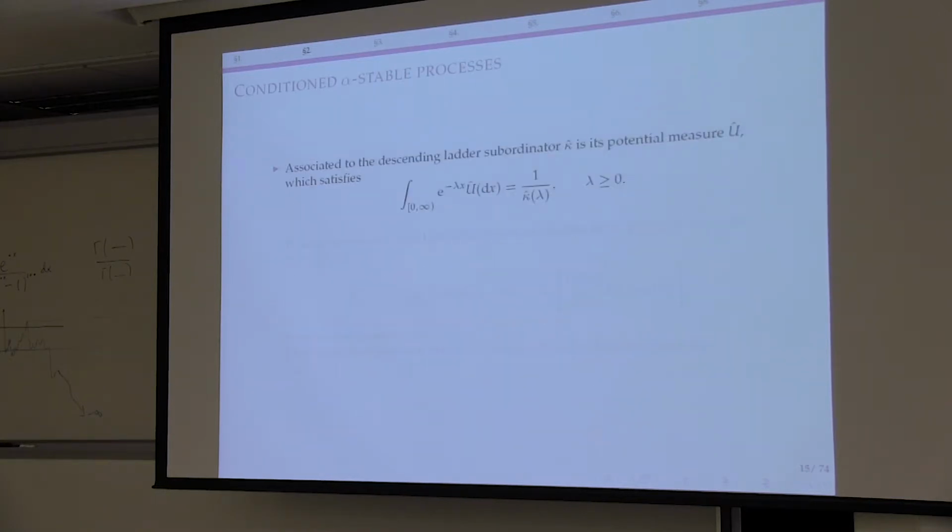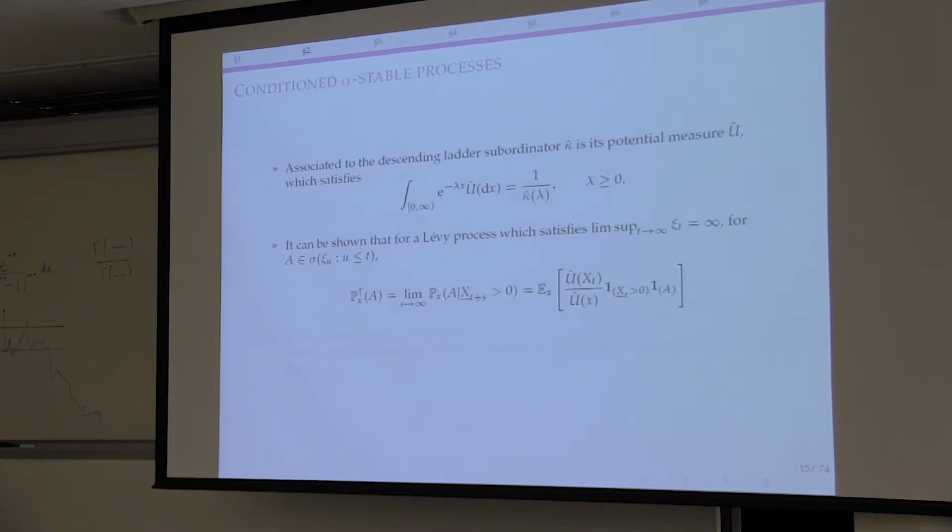Okay? Now, general theory says if you want to condition a Levy process, be very careful. A stable process is a Levy process and a self-similar Markov process. So I'm flipping between using facts about it as a Levy process and facts about it as a self-similar process. So here's a fact about all Levy processes.